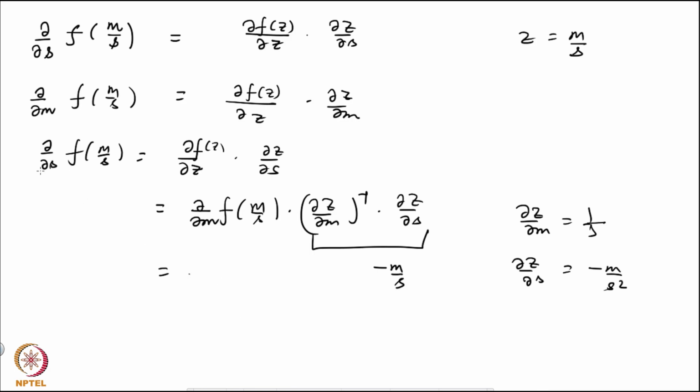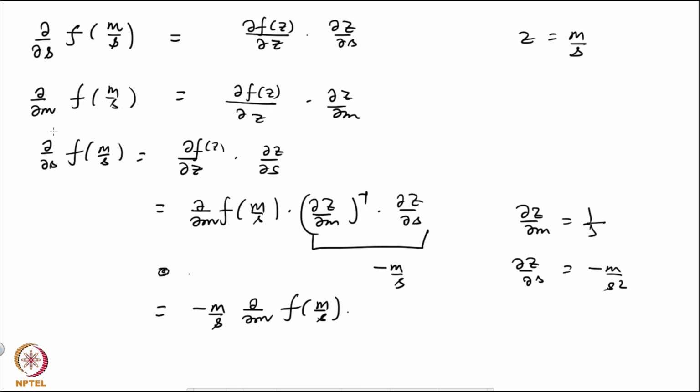So you get del f over del s of f, when you change that in terms of this derivative with respect to m, you get minus m over s del over del m f of m over s. Okay, that is what I have used.